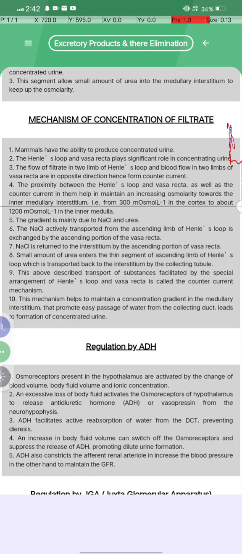That is from 300 mOsmol per liter in the cortex to about 1200 mOsmol per liter in the inner medulla. The gradient is mainly due to sodium chloride and urea. Sodium chloride, NaCl, is actively transported from the ascending limb to the interstitium, and is exchanged by the ascending portion of the vasa recta.